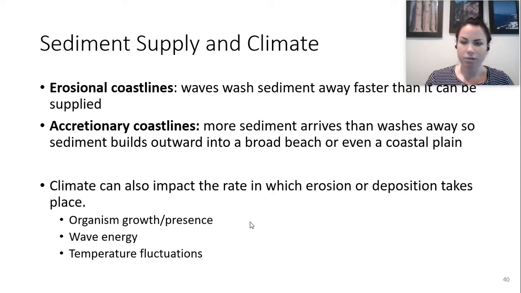Like I said, if a heavy wave comes in and eats away at the coastline, that's where we get those notches. Temperature also seems to affect this because temperature can affect salinity. If you're in an environment where the coastline can eat away at a rock, the warmer it is, the more saline it can be, and that has consequences as well.